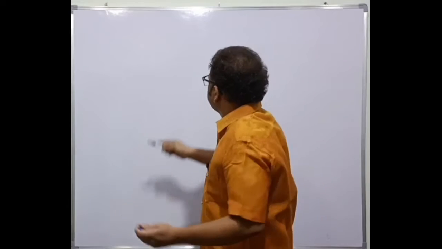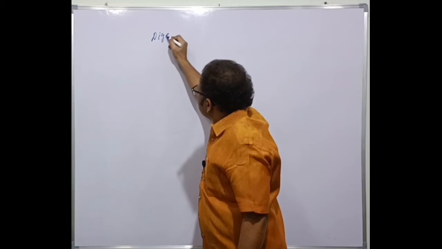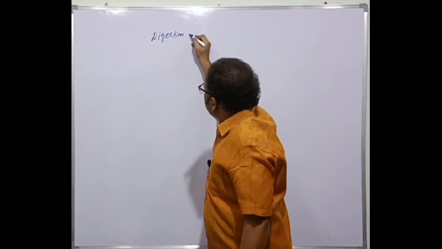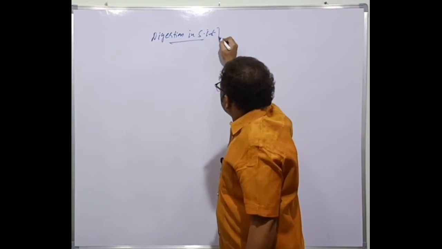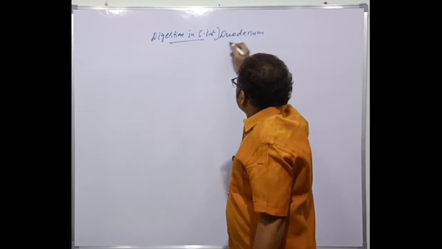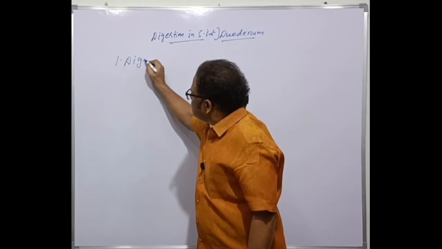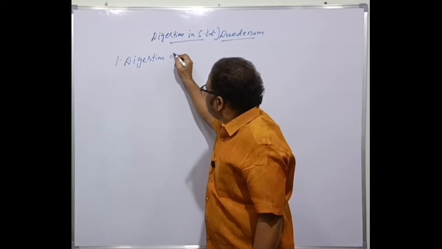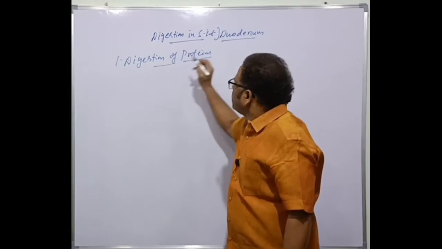So now let's discuss the digestion in the small intestine, and especially with reference to the duodenum, how the digestion proceeds. The macromolecules, first of all, the digestion of proteins in the duodenum.